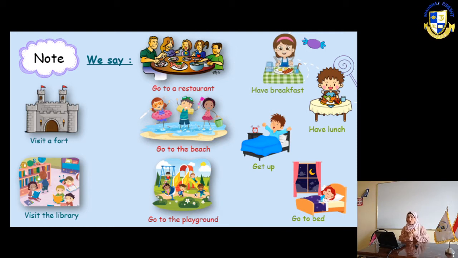So I have go to the restaurant, go to the beach, go to the playground, go to bed. I have breakfast, have lunch. When I wake up, I say get up. And visit a fort, visit the library.